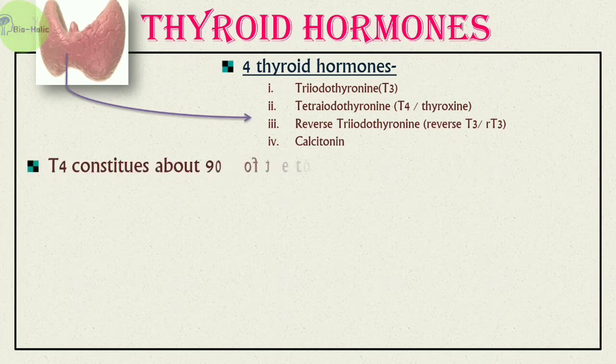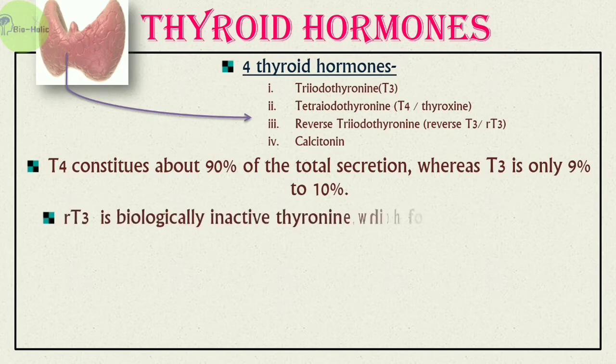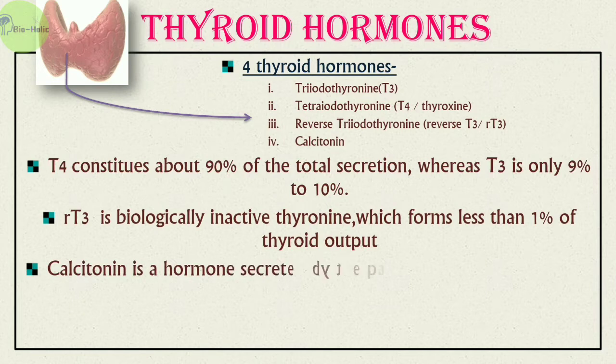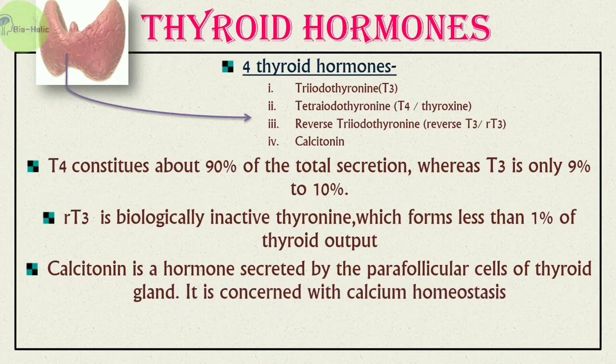So T4 constitutes about 90% of the total secretion, where the T3 is only 9% to 10%. The reverse triiodothyronine is biologically inactive and forms less than 1% of thyroid output. The calcitonin is another hormone secreted by the parafollicular cells, and it is considered to be related with the calcium homeostasis.